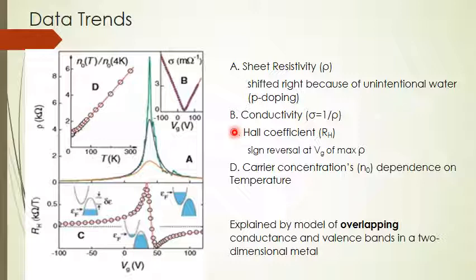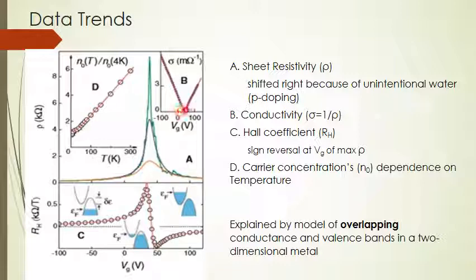The researchers advised to put the multi-terminal Hall bar device in an annealed vacuum in the future, and they found that this reduced the effect of p-doping due to water's presence. Sheet resistivity is noted to reach a maximum at a positive gate voltage because of this shift. Shown are 5, 70, and 300 Kelvin.